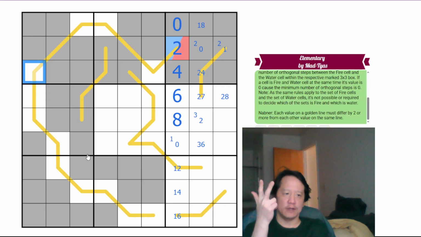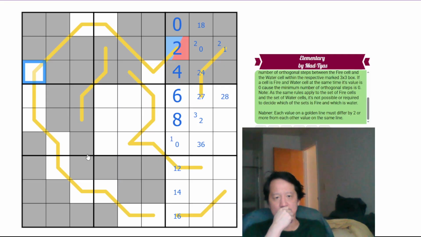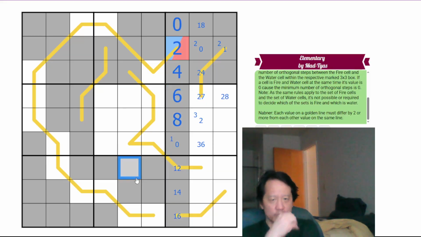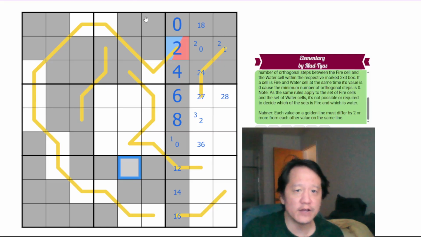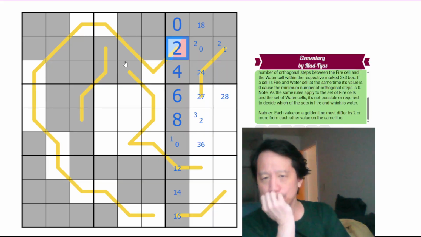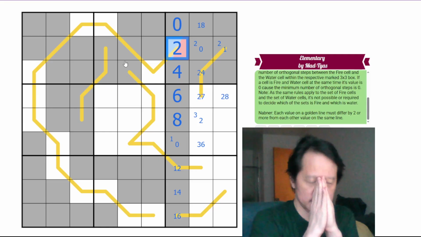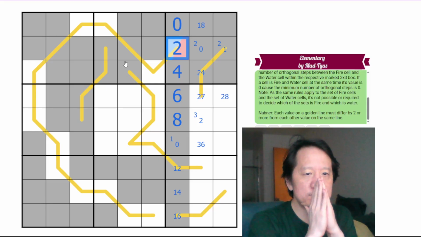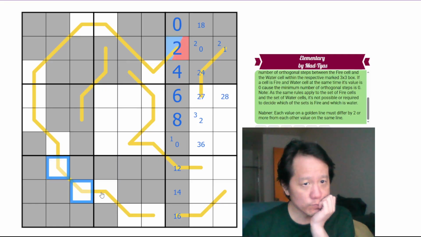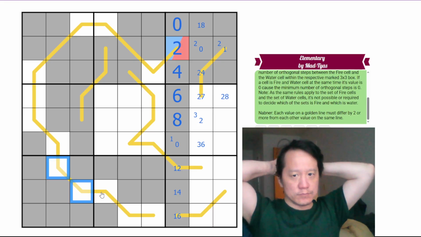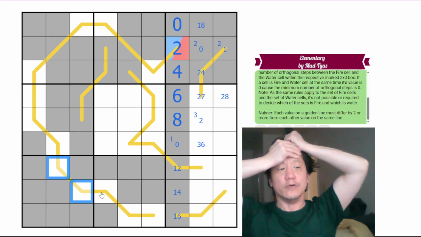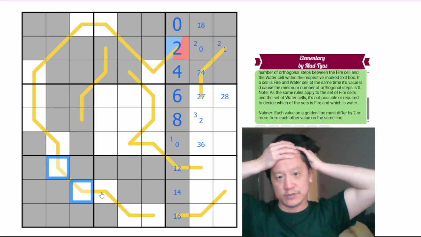We need a 3 away for the 18. This fire and water eliminates fire and water in the rest of the column also. So this is value 0. We're going to have 1 out of 28. This is guaranteed to be 2 away. Oh, we only have so many accesses to 8 and 9 also.